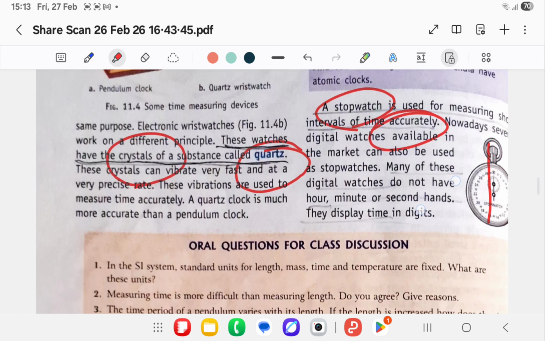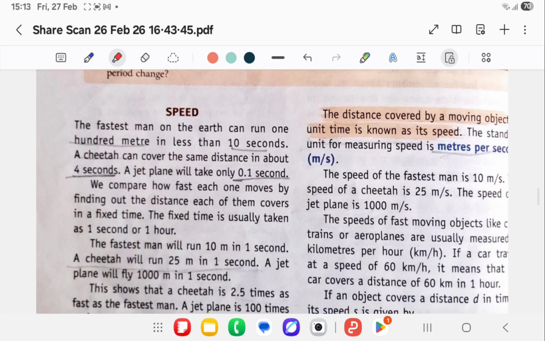Now moving on to the next topic, speed. What is speed?